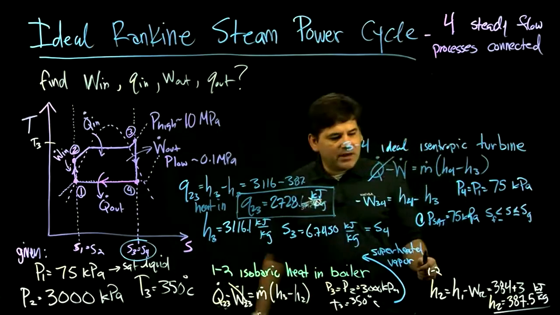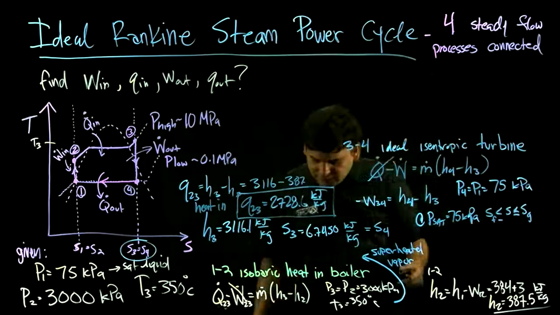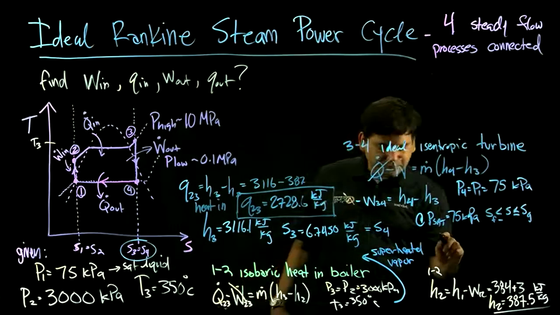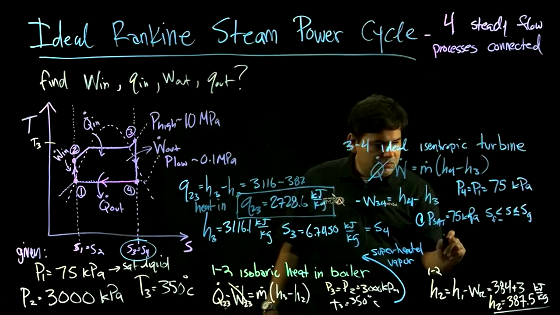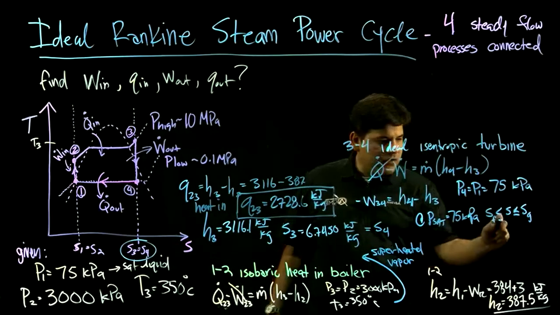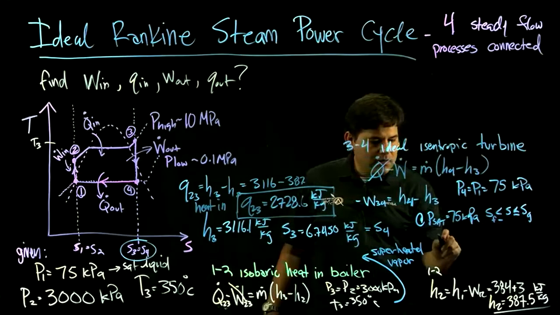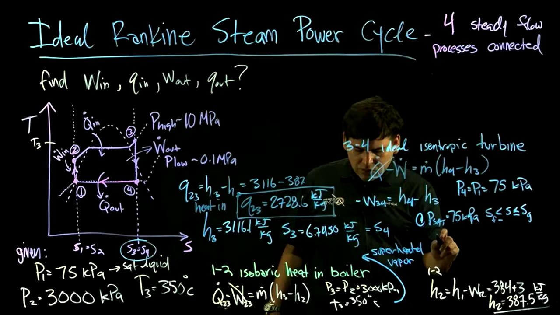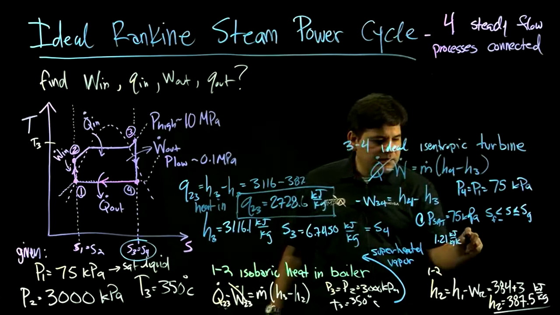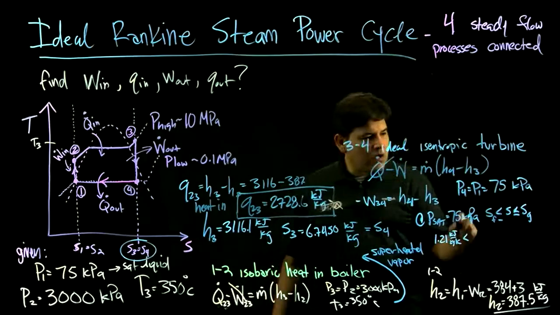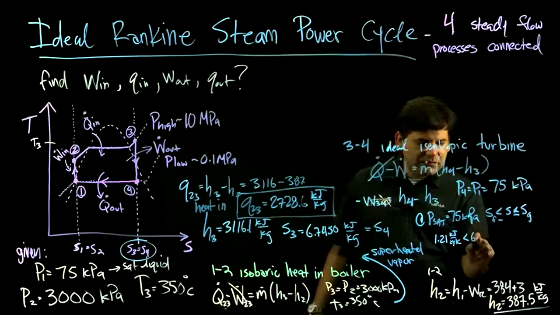So if we look that up, at 75 kilopascals, let's call this state 4, Sf is 1.21 kilojoules per kilogram Kelvin. That's entropy units. Our actual entropy has to be 6.75, let's round it off.